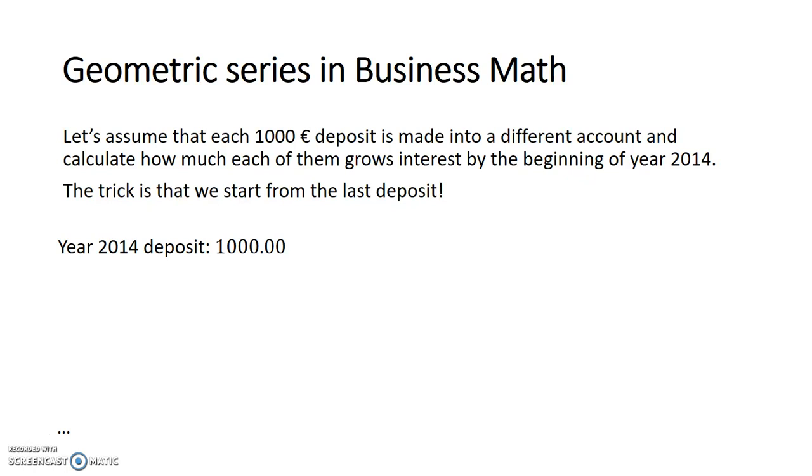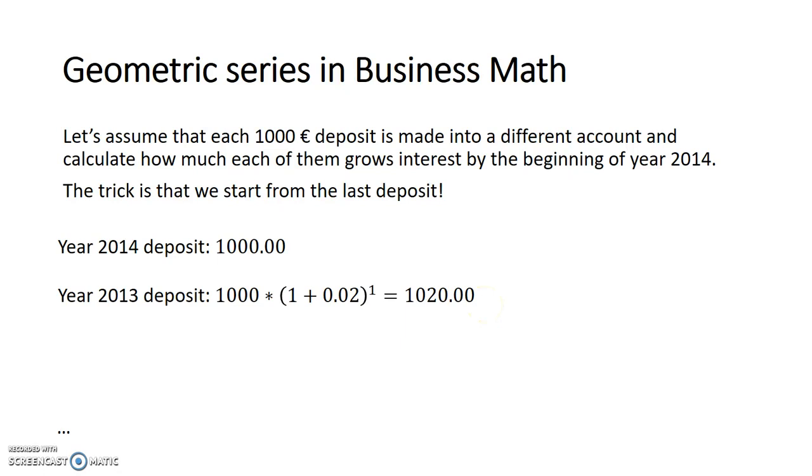So now we are thinking about year 2013. So the deposit made in year 2013 was also 1,000 euros, but now, since it was done a year earlier, it has grown interest for 1 year. So the deposit multiplied with 1 plus rate to the power of how many years? So now simply 1. So that one deposit by the end has grown to 1,020 euros.